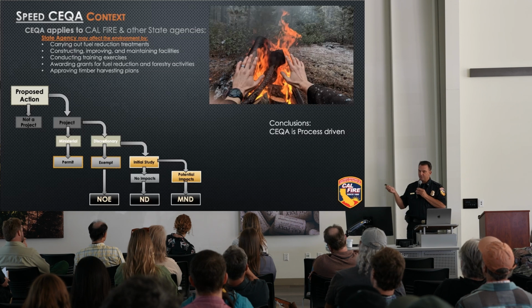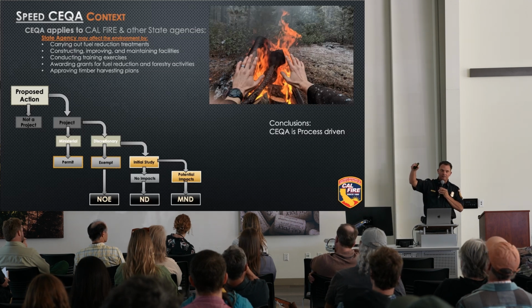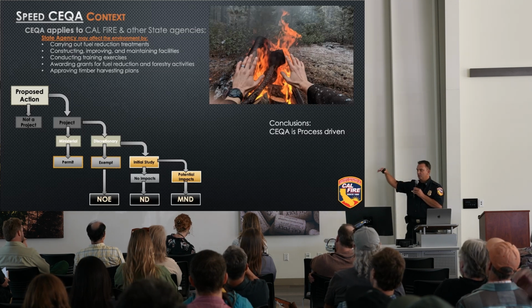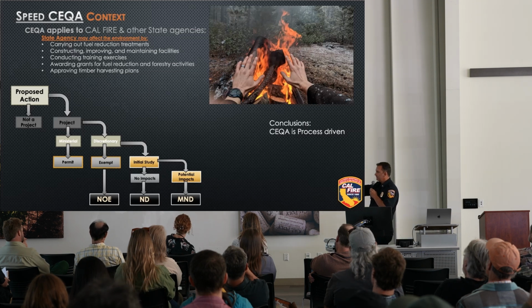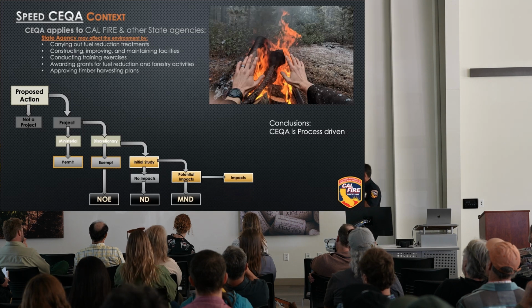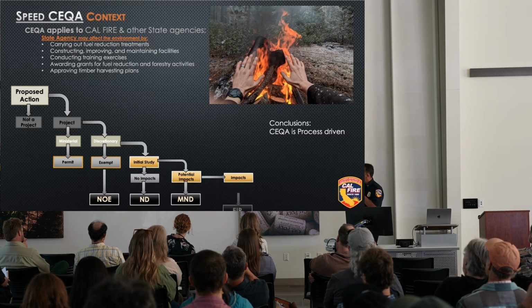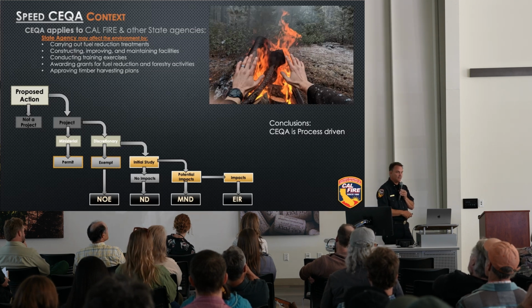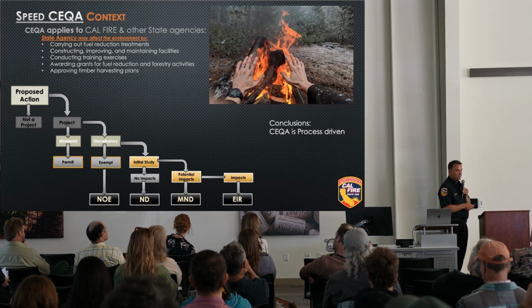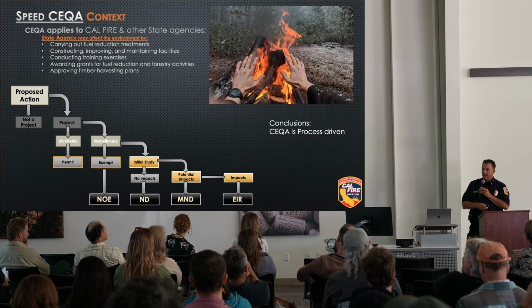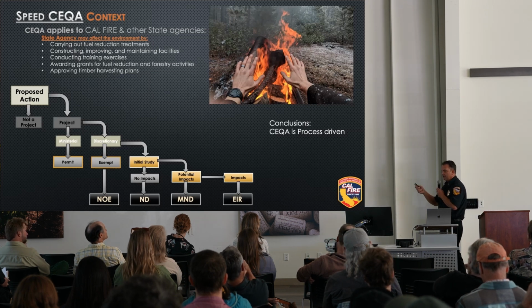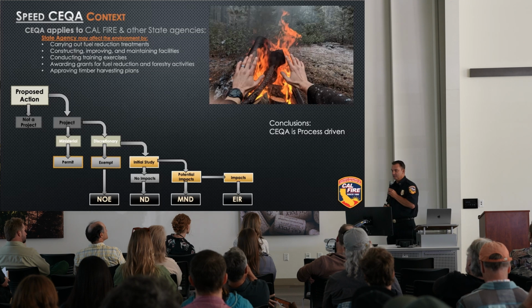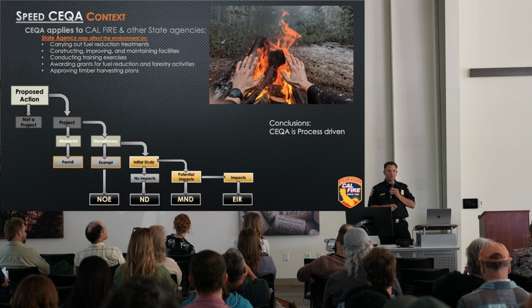Each one of these becomes more and more complex in the analysis, in the evaluation, in the results, and time. If we decide that there are potential impacts, then we do an environmental impact report that says, hey, we have potential impacts. We have scenic values as potential impacts for a lot of our fuel reduction activities in CAL FIRE and across California, because it doesn't look nice when we disturb it.